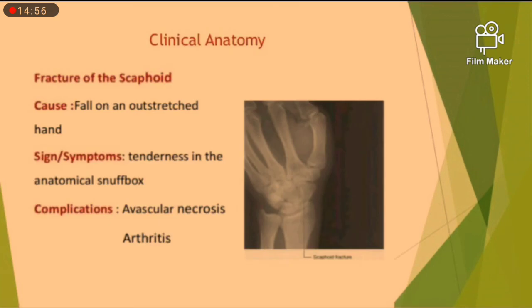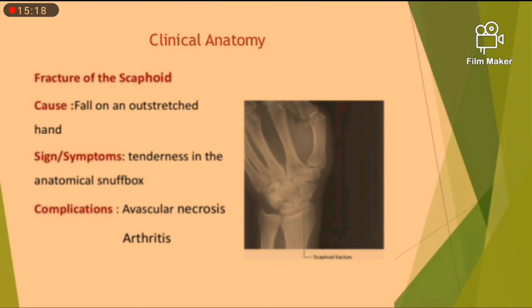Clinical anatomy. Fracture of scaphoid causes, here you can see there is a fracture of scaphoid, causes fall on outstretched hand. Signs and symptoms: tenderness in the anatomical snuff box. You must be knowing what is anatomical snuff box.